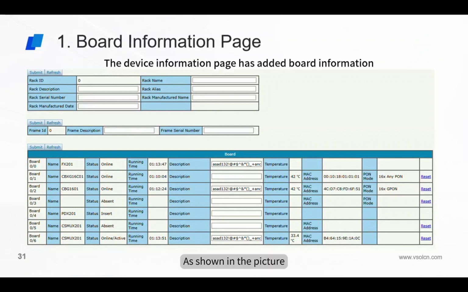As shown in the picture, the device information page has added board information, used to view various information of all boards.